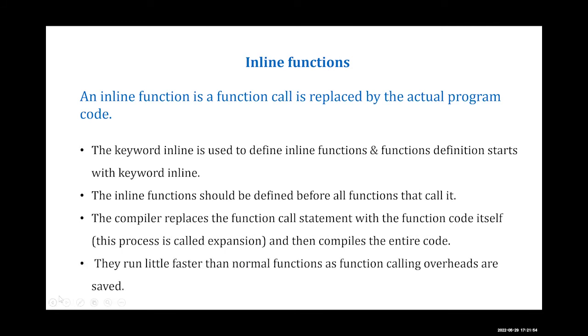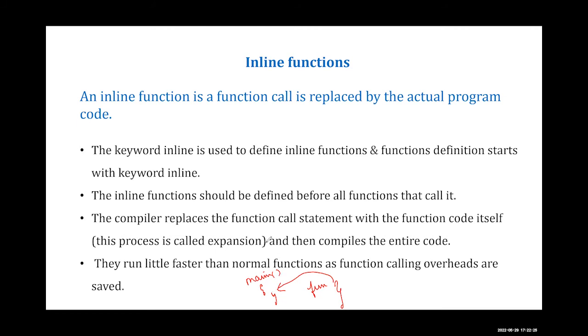They run a little faster than normal functions as function calling overheads are saved. So here what they are saying is, like I said before, instead of the control moving backward and forward, when there is my main, first it has to find the function and then compile the function, and then come back to the main and find out where it has to come back.